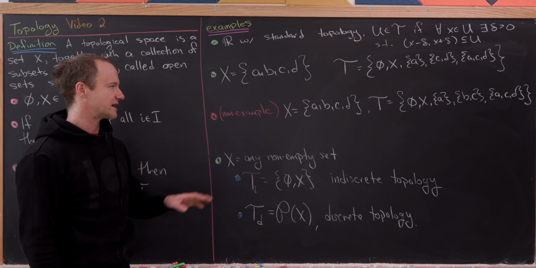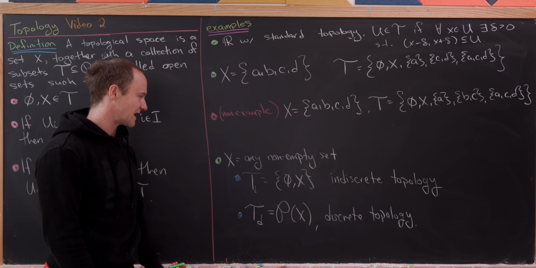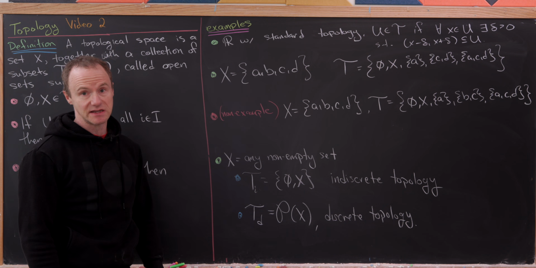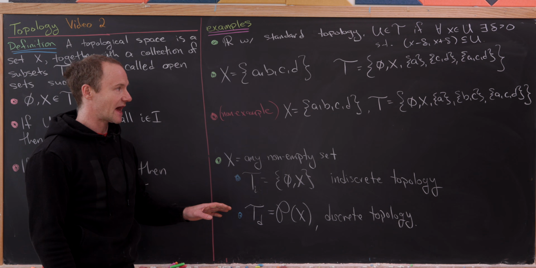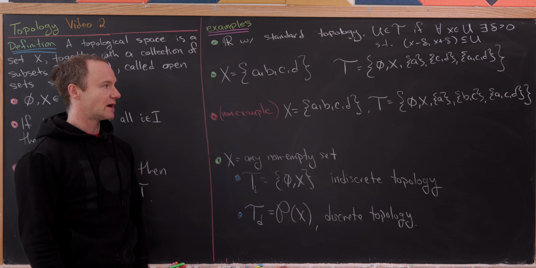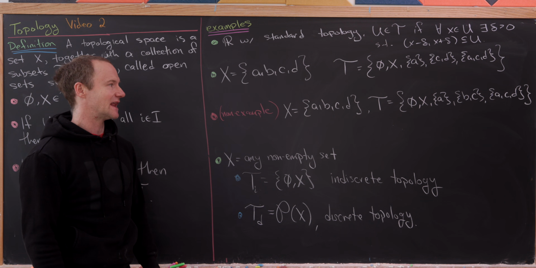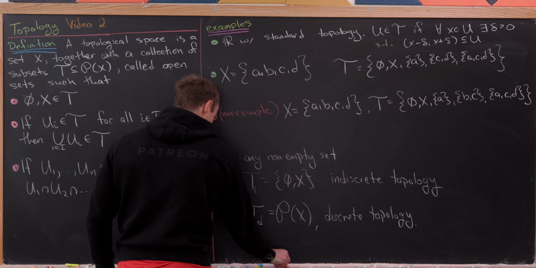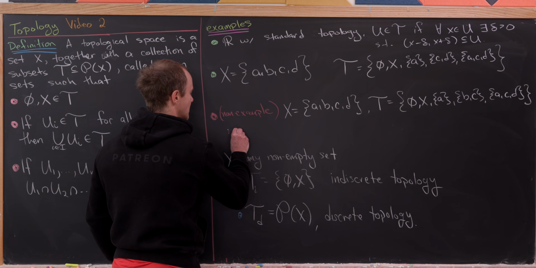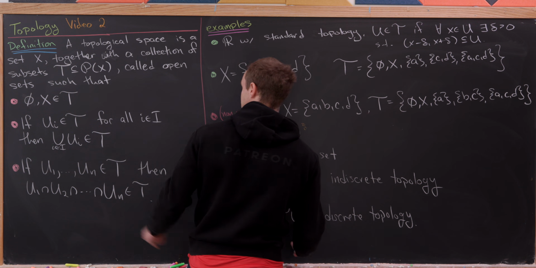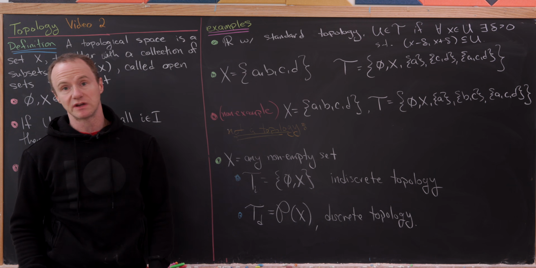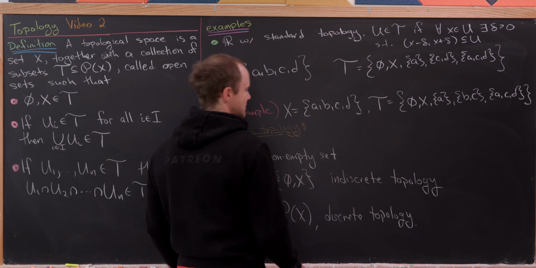Now let's look at a non-example built out of the same set. So we've got X is A, B, C, D, and then let's consider the set of subsets: the empty set, X, the singleton A, the doubleton BC, and then after that, the 3-element set A, C, D. And let's observe that this is not a topology, and that's because it does not satisfy either of the second two conditions.